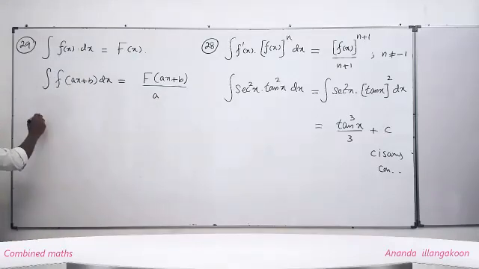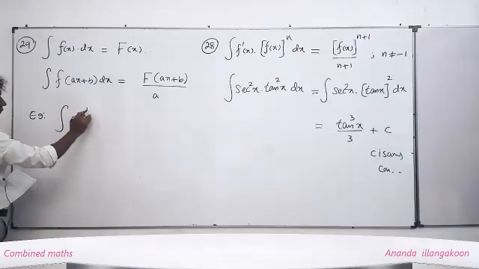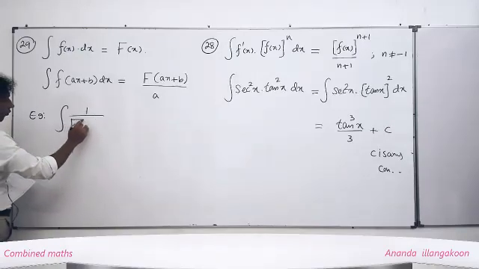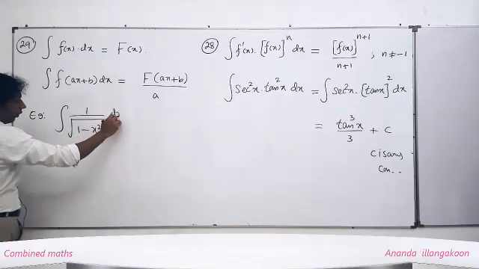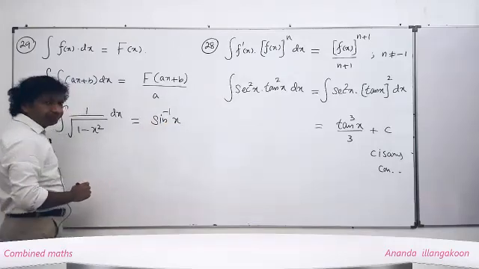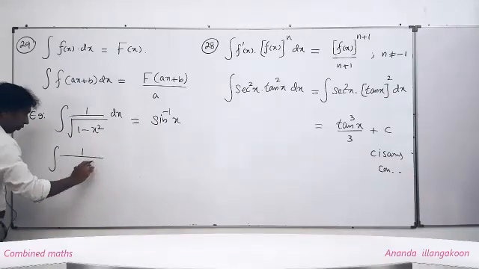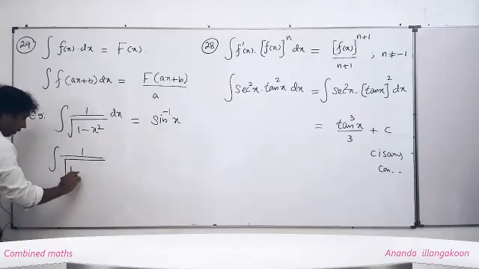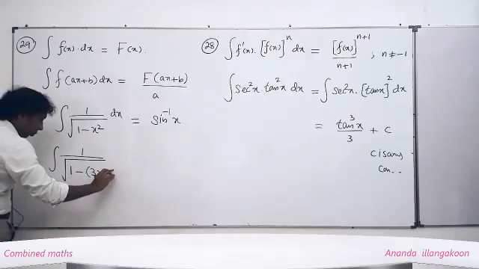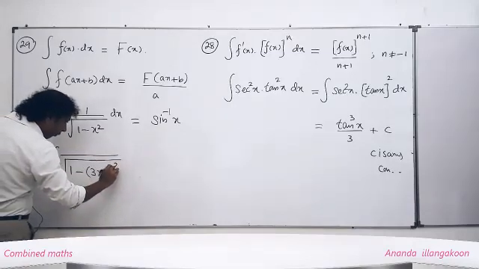Now, for example, people, this one example we will take like this. We know 1 upon square root of 1 minus x squared, when you integrate, the answer is sin inverse x, no? Okay. Now suppose, people, in the place of x we replace by a linear function like 3x minus 2, perfect squared like this, dx.